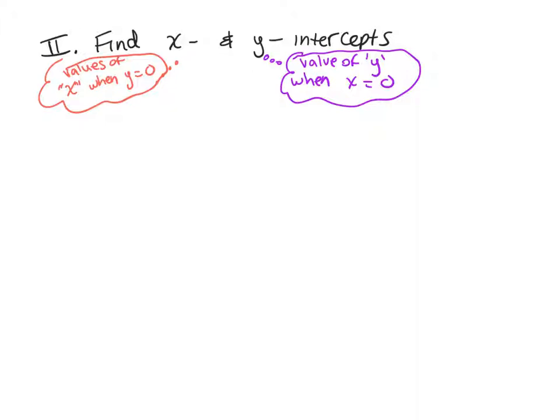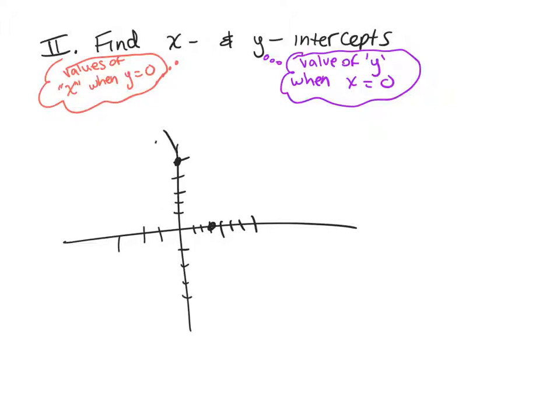So if I gave you a graph that looked like this, and I asked you, find the x and y intercepts, you would say, oh, the x-intercept is right there, correct? It's located at 3, 0.